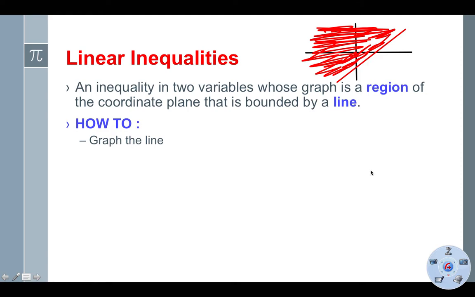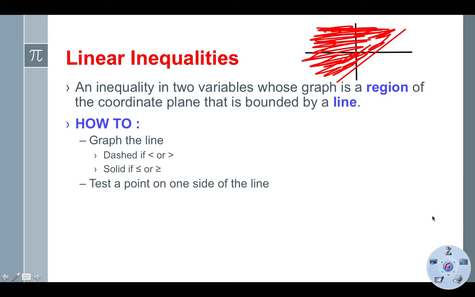When you graph the line, you have two different versions of lines, just like we had on regular inequalities, where you had either an open dot or a closed dot. The closed dot would be the version of our solid line, where it has the equal to. And the open dot is like our dashed line if you have just the less than or the greater than symbol.